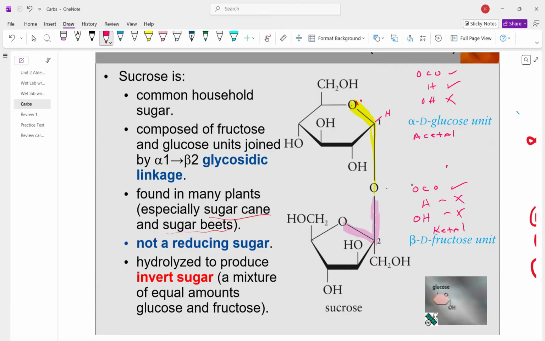Okay, frequently, to determine alpha and beta, what to look for: find the anomeric carbon and the OH attached to it. Is it up or down? Up, it's beta, down, alpha.